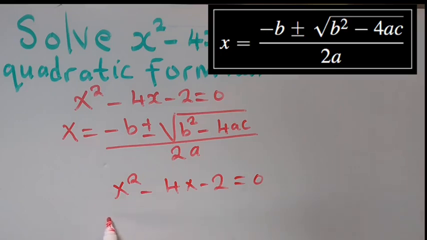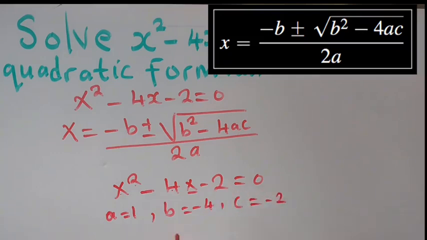The first x², the one with the highest power 2, its coefficient is a. So the coefficient of this x² is 1. Then for b, we look at the x in the middle. The coefficient of this x is minus 4. So b is minus 4. Then for c, it's just negative 2.